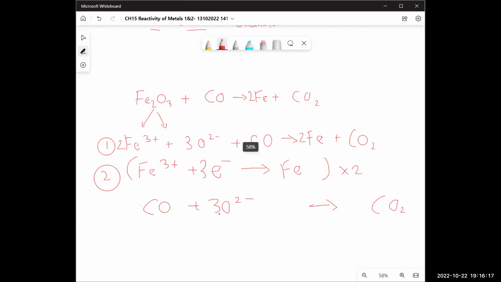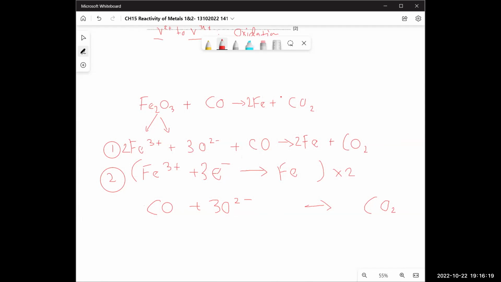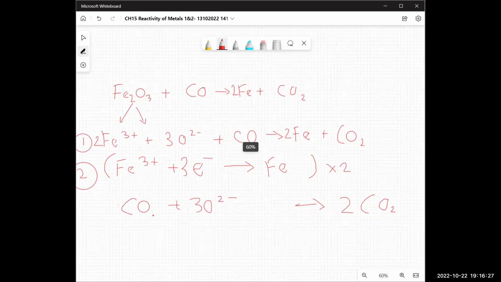So let's balance it. We have 4 of these on this side. Now we have 4 of this on this side, right? For 4 oxygen, what about carbon? Carbon is 1. Well, it's actually 2. So we'll balance that.